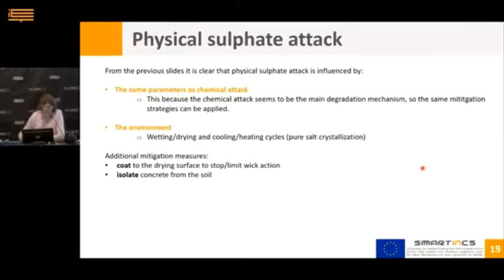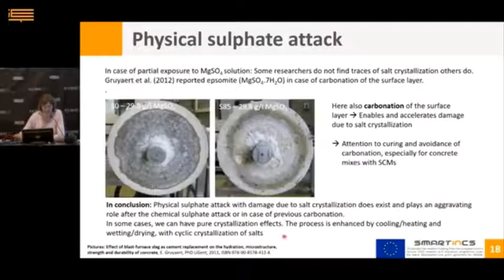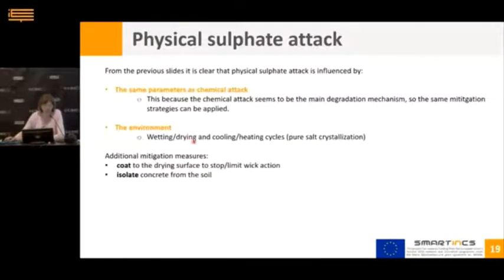And then if we look at the pure crystallization effects, wetting and drying, cooling and heating cycles play a role there. Additional mitigation measures that you can take is applying a coating to the drying surface to stop or limit as much as possible the wick action, or isolate your concrete, of course, from the source that will degrade it, so from the soil, for instance. So this is in short about the physical sulfate attack.